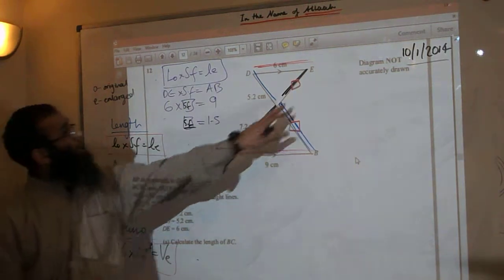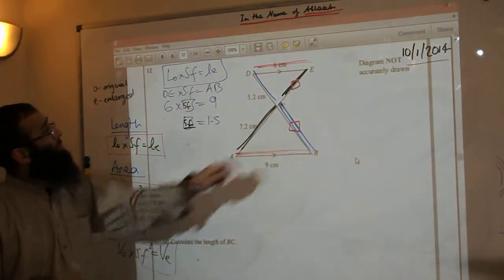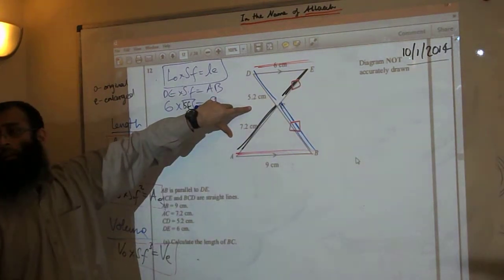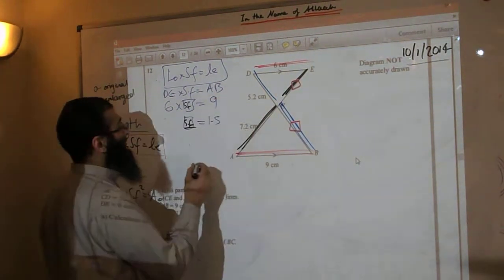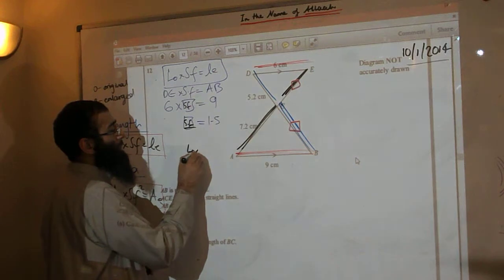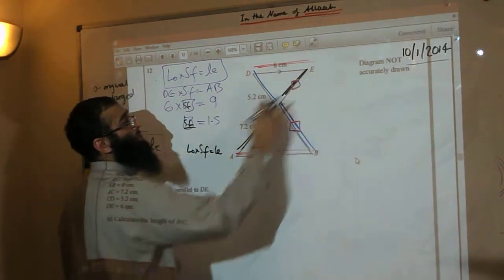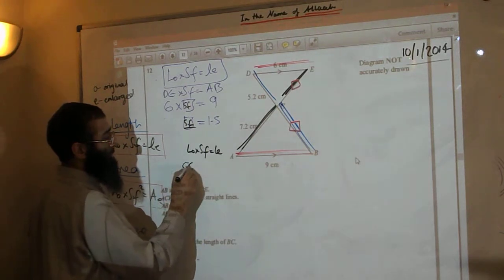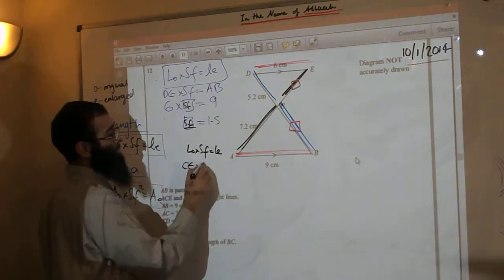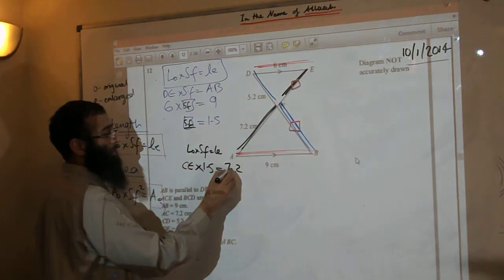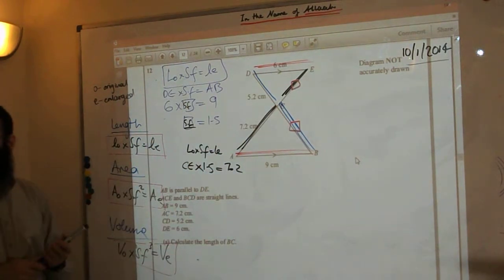Now let's quickly work out these two shapes at the sides here. So we know that this little one becomes the big one. So we know CE, so again, length original times by the scale factor equals length enlarged. So that's our original side, so that's CE, times by the scale factor 1.5 is equal to the length enlarged 7.2. So Zishan, how do we work out the CE now?